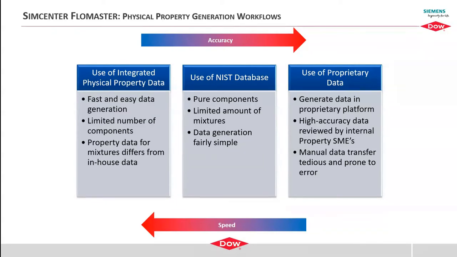In general, the data generation is quick and easy. However, you have a limited amount of components, and from time to time the property data doesn't really match our in-house data, which can be a challenge. If you venture into correcting those things, you generate additional sources of error.